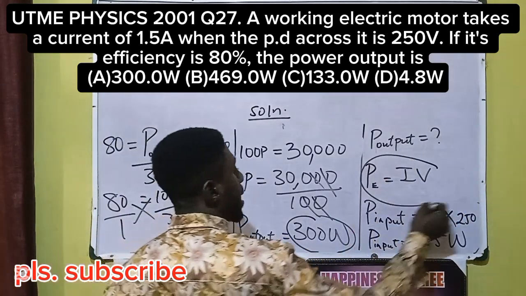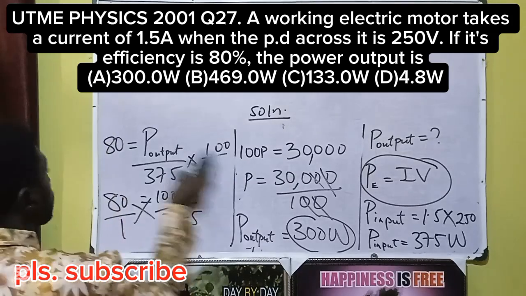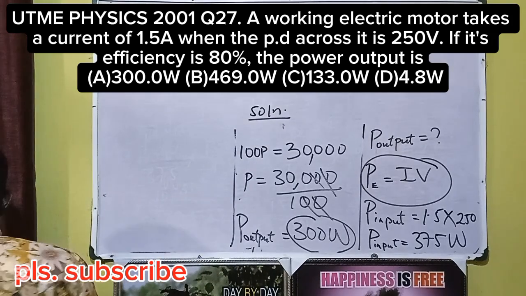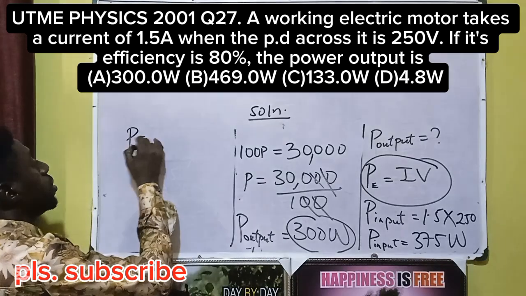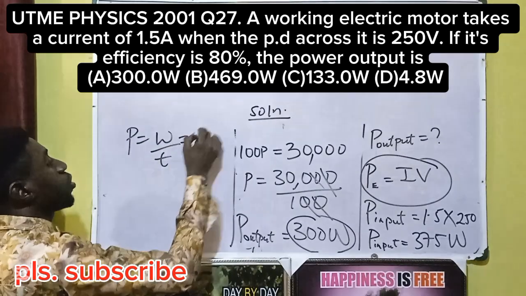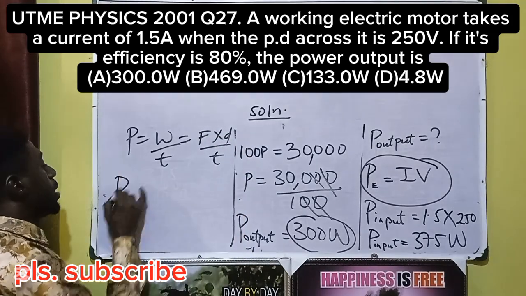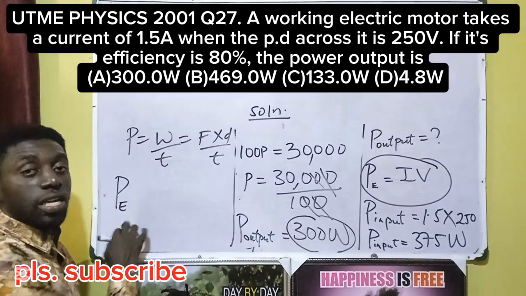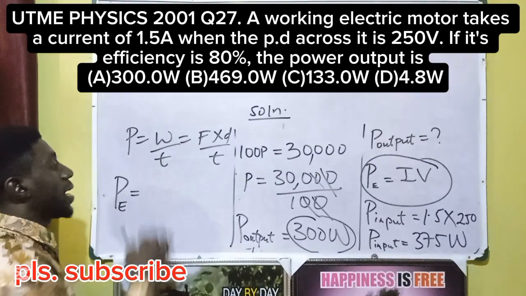Okay, let me guide you on how this formula came about. Recall in mechanics, power is work done over time. Recall, work done is force times distance, all over time. Then let's go electric. In the electrical world, power becomes work done in the electrical world all over time.